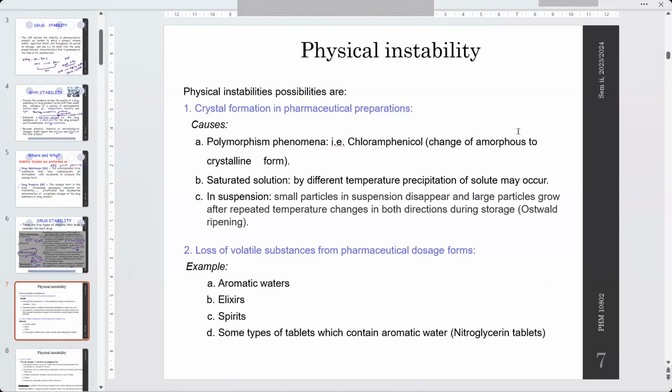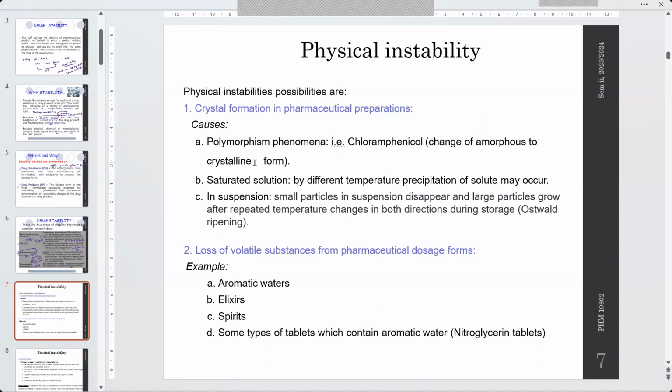So changing from one crystalline form to another is considered physical instability. And you may ask, so what? What's the problem if there is a change in the crystalline form or change from amorphous to crystalline? Because change in crystalline form will lead to change in the physical characteristics, like, for example, dissolution, solubility, melting point. Several physical characteristics are different.